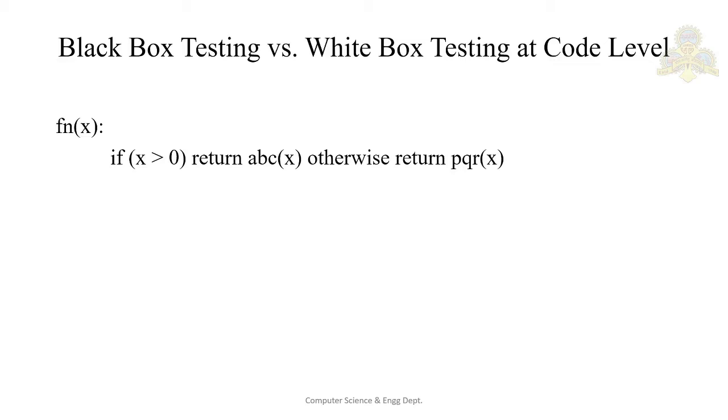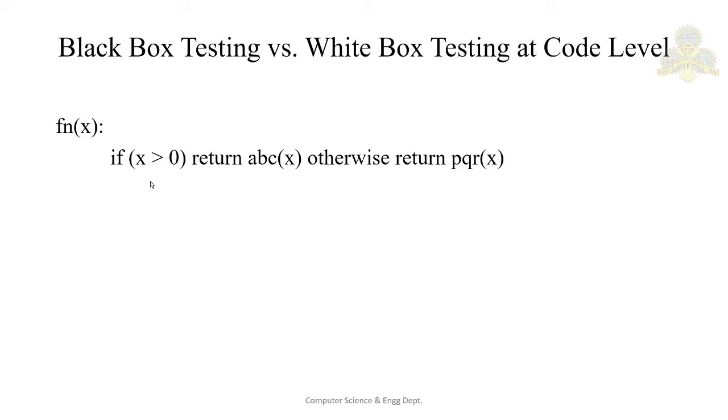Say we consider an example wherein this is a function: if x is greater than 0, it returns one function abc of x, otherwise it returns another function, pqr of x. So the return value is abc of x if x is greater than 0, and pqr of x if x is less than 0.